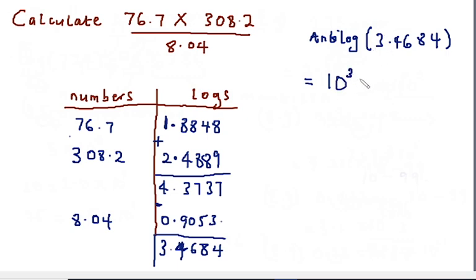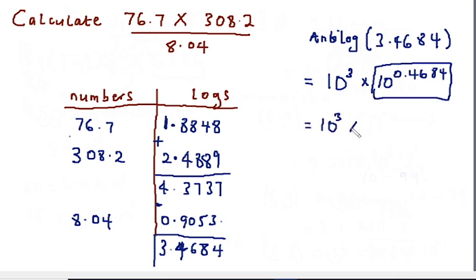Then we take the other part after the decimal point, 10 to the power of 0.4684. This is the part that we use for the antilog. So this is equal to 10 to the power of 3 times, we go to our antilog table.